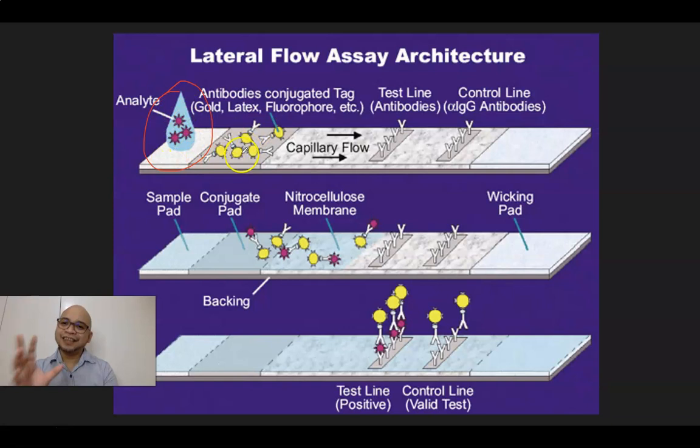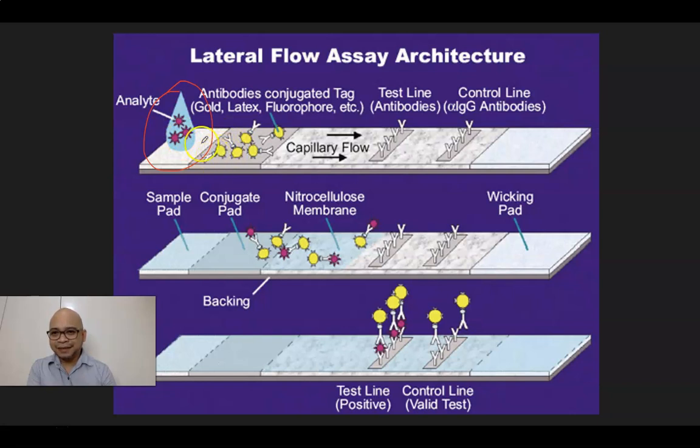So what do you have here in the immunochromatographic capillary flow? You have here antibodies, I suppose monoclonal antibodies that have been conjugated either to gold particle, latex particle, or fluorophore.